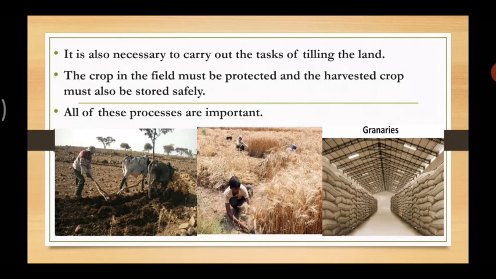And the harvested crop must also be stored safely. After the crops grow, you have to keep those crops safely. All of these processes are important for a good harvest, and all this process has to go step by step.